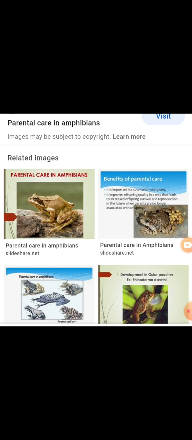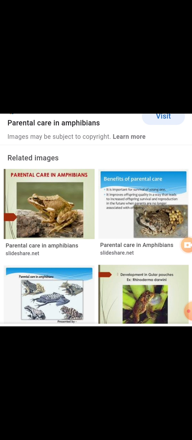How are they nursing? They are nursing in mainly two types. One is protection by nests, and the other is direct caring by the parents. Amphibians have evolved protection by nests and protection by direct caring by parents.